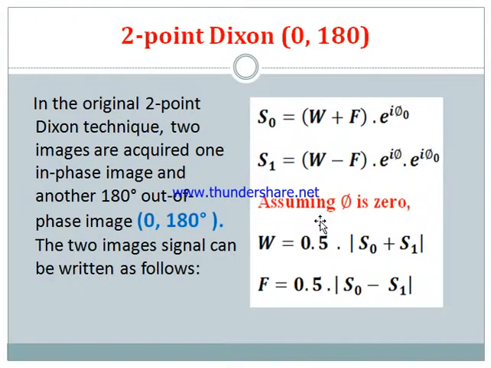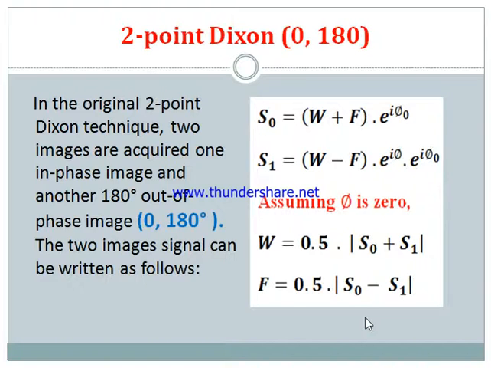However, when phi is not 0, these two equations don't provide clean water and fat separation, and the water-only image and fat-only image will generally contain a mixture of both water and fat.